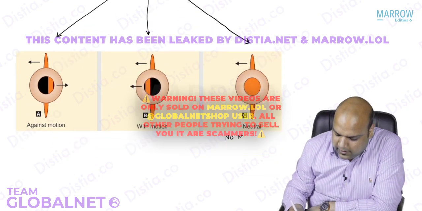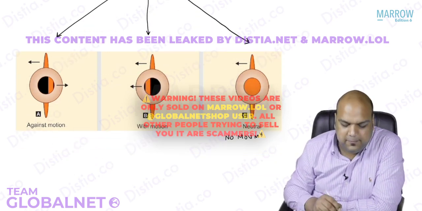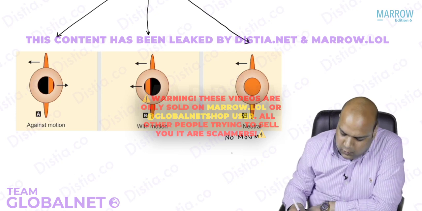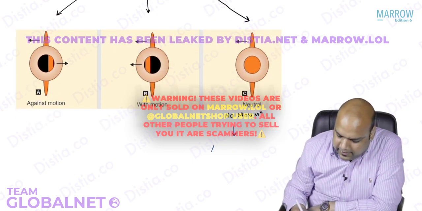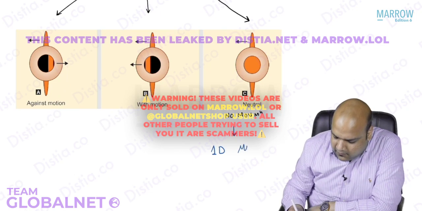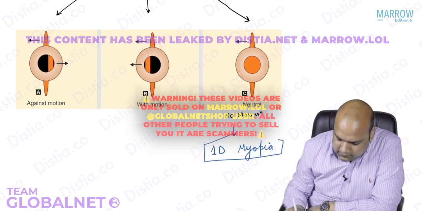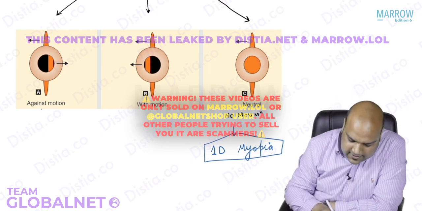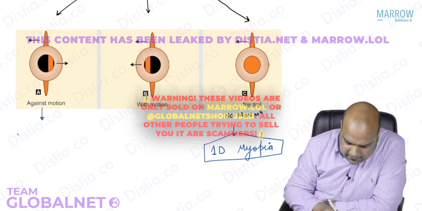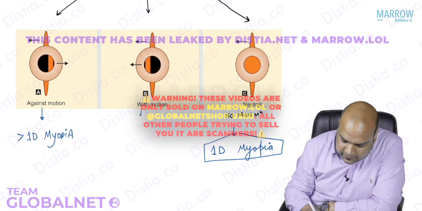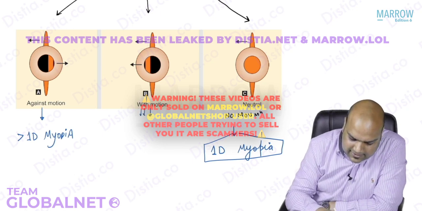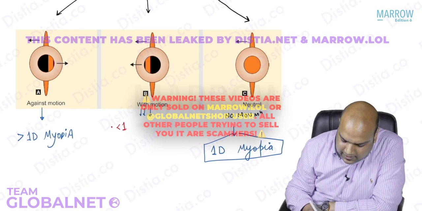Can I say neutral means no movement? If there is no movement, everybody, then we say the diagnosis is 1 diopter of myopia. If there is against movement, then we say greater than 1 diopter myopia.